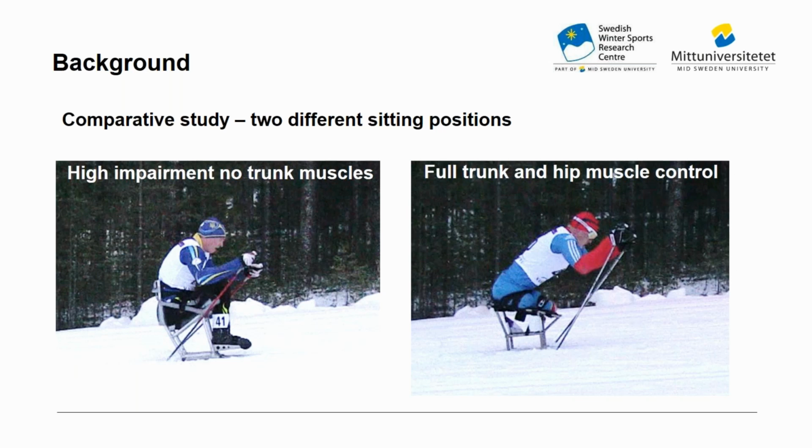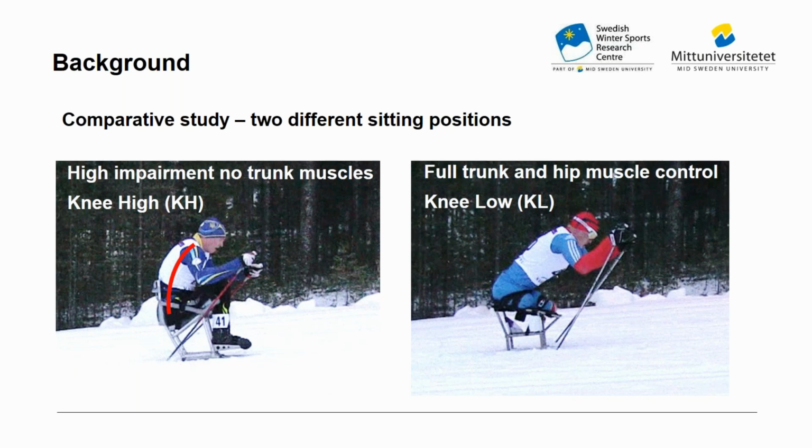Low impairment can mean leg amputation and full control of hip and trunk muscles, compared to the left picture, which might have a high spinal cord injury that has caused paralysis in the back extensors and abdominal muscles. I will name these knee high and knee low and use the abbreviations KH and KL a lot during this presentation.